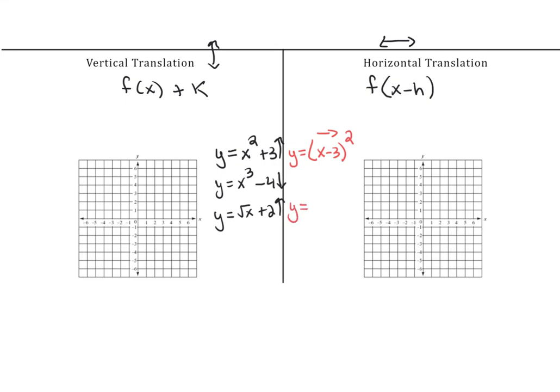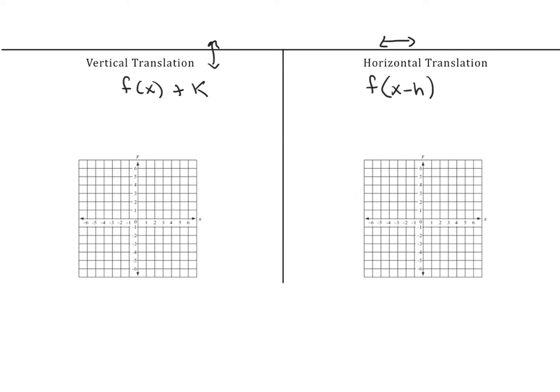Y equals square root, inside the square root, if I have x plus 2, that would actually shift left 2. The reciprocal function, 1 over x minus 1, that shifts the vertical asymptote right 1.